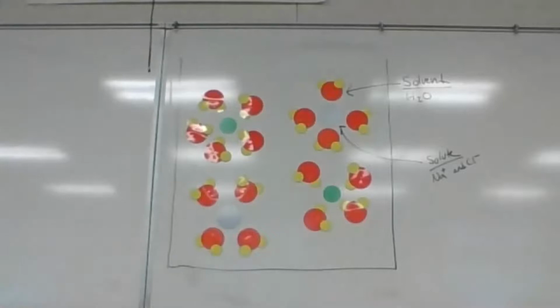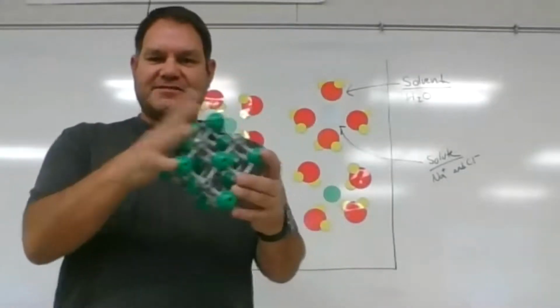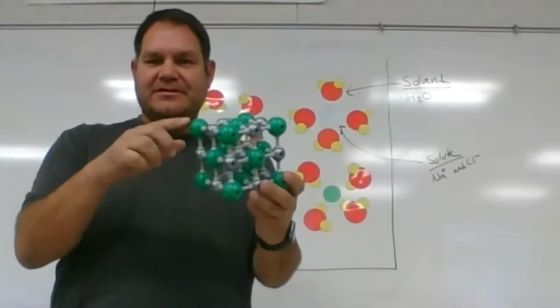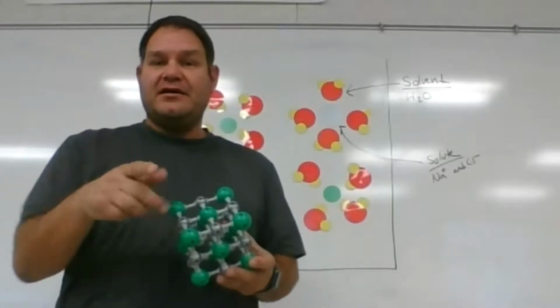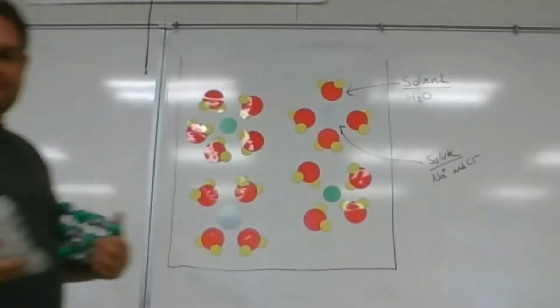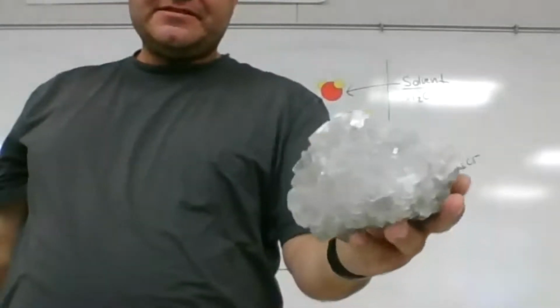So sodium chloride, before it's dissolved, has a solid crystal structural pattern, okay? And I showed you salt. Actually, let me grab salt for you, a real example. If you recall, I showed you this before. This is salt crystals in the solid form.